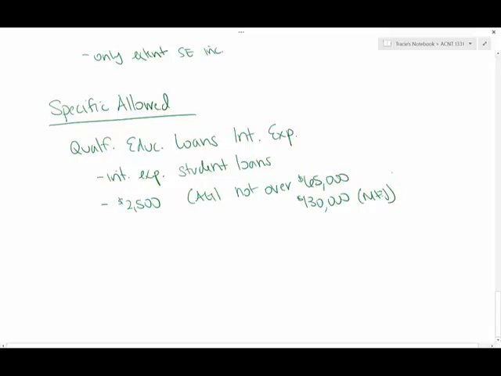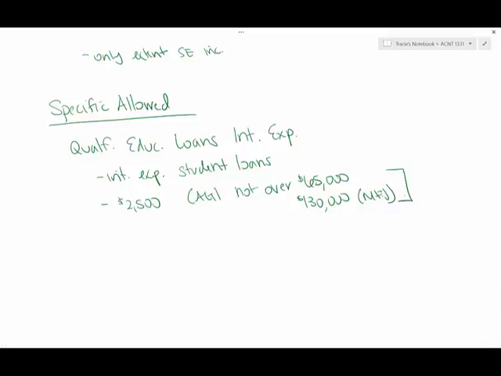Now, please check the book to make sure that those dollar amounts have not changed, because as we know, the dollar amounts will change every year. And so if the amounts have changed, make sure you're using the correct amounts on your homework. These amounts are often changed depending upon what the index rate is.